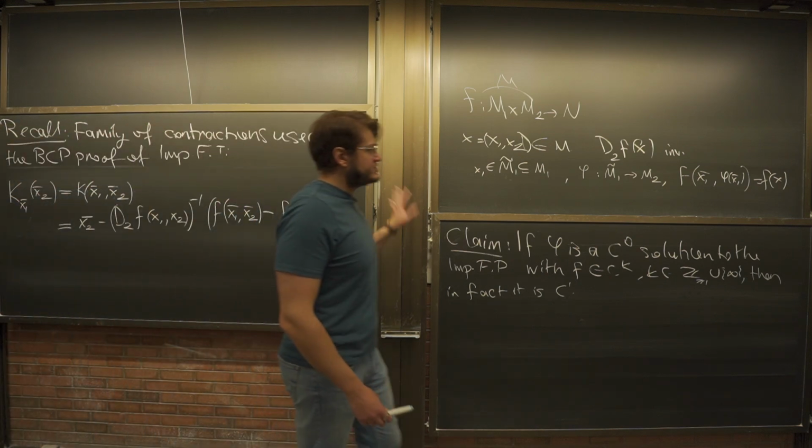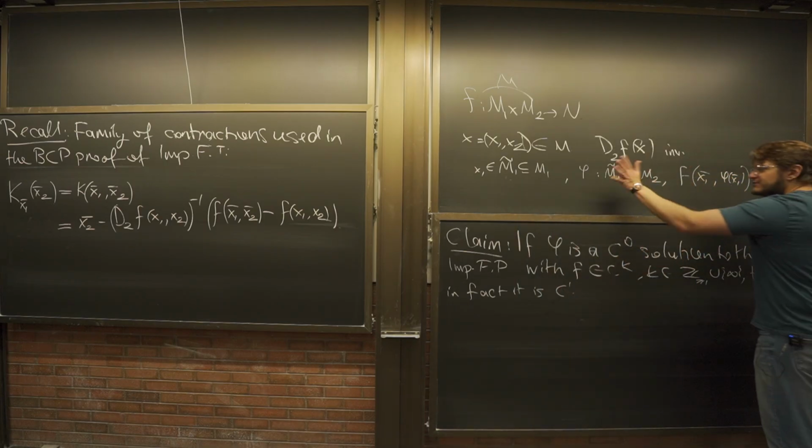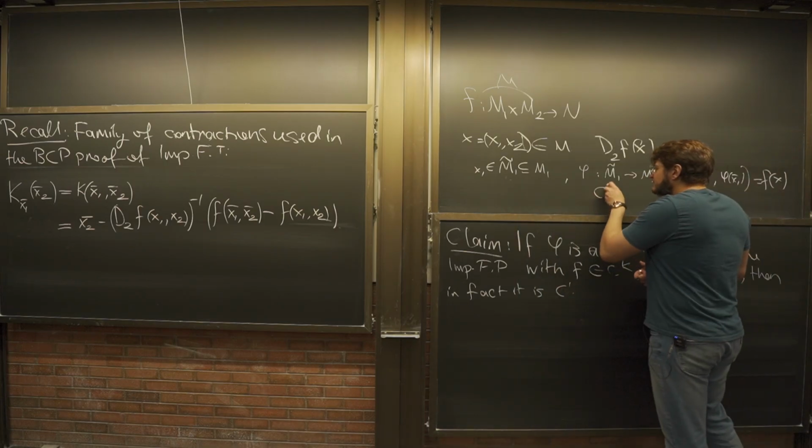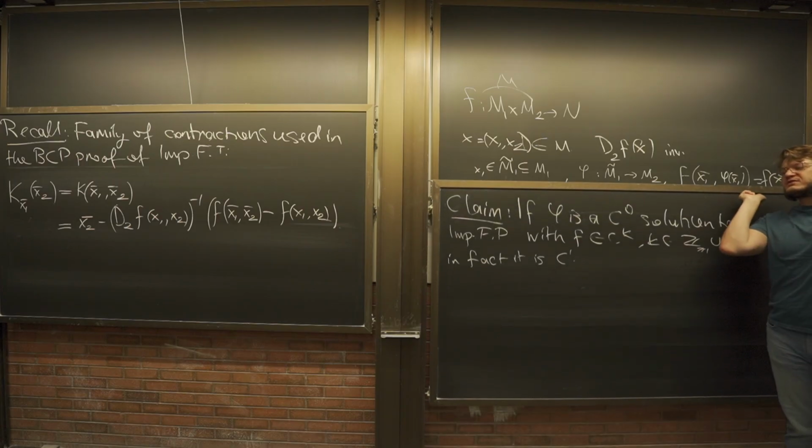I'm going to draw a picture as to what that means in a second. For now, let's just focus on this. Somehow we have this function. And at this stage, I'm saying, let's assume that this is only continuous. So you only have continuous dependence of the second coordinate on the first coordinate. I want to show that it is, in fact, differentiable, this dependency.